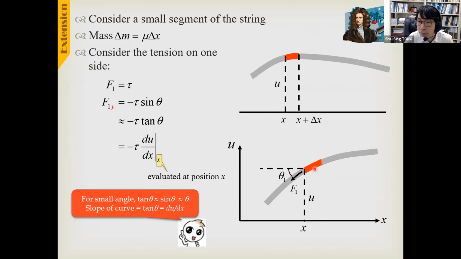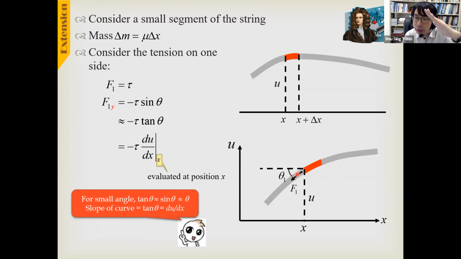Now, as we say, the tension along the string is tau, but the angle does vary. At this moment, we look at the left part of this segment. This red segment has two ends, the left end and the right end. Now we look at the left end. We assume the tangent to the left end of the red part makes an angle theta 1 with the horizontal direction.